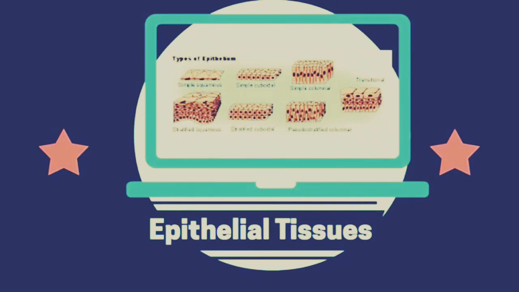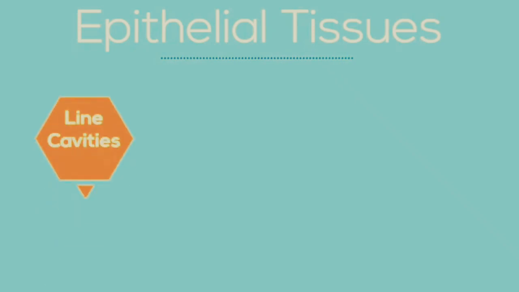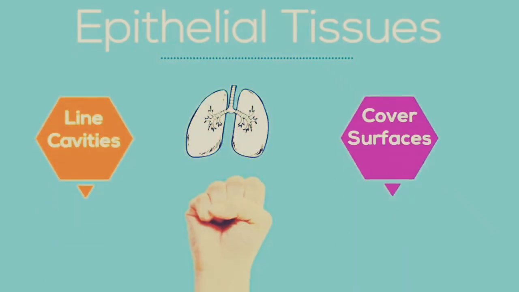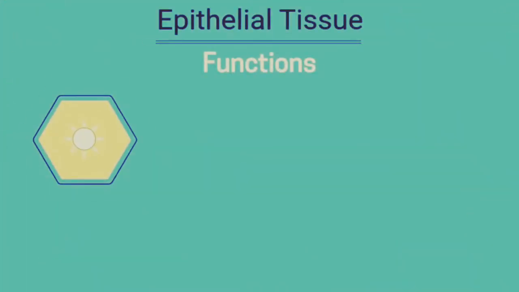Epithelial tissues. Our epithelial tissues line cavities and cover surfaces of vessels and organs. They provide several different important functions. First is protection from such things as sunlight and pathogens.